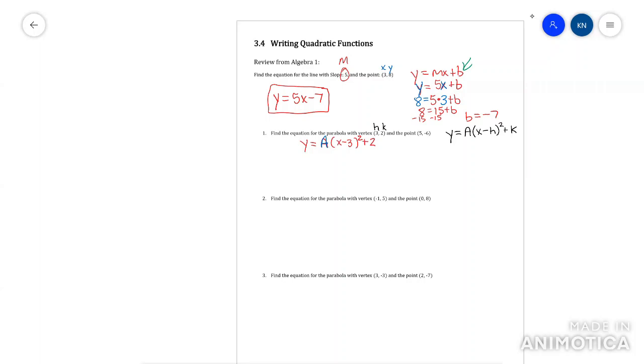So you do this really similar to what we just did. Basically, you're going to be given an xy coordinate to plug in for x and for y. So it's going to look like this. y is now -6 equals, we don't know what a is, x is now 5.